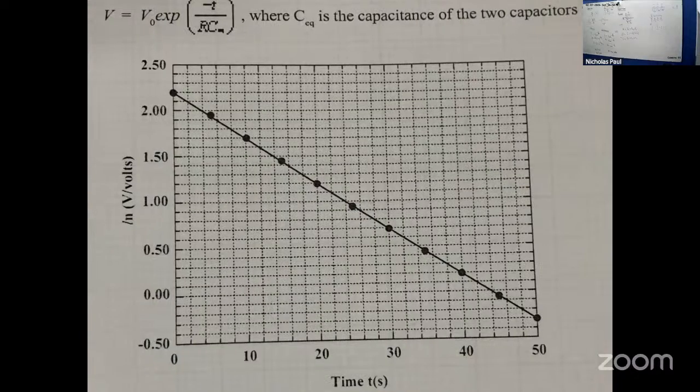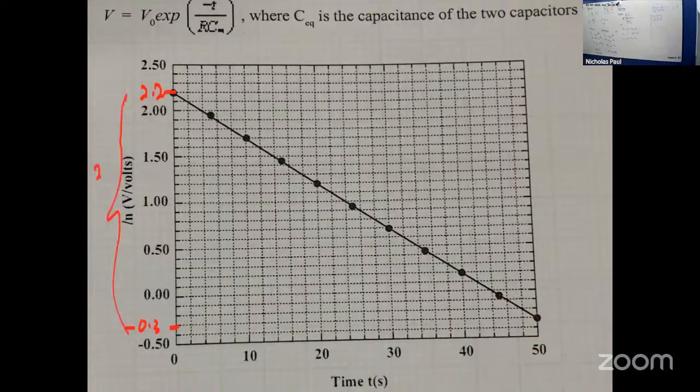What's the value on top? It's looking like about 2.2. This is minus 0.3. So you can use rise and run.